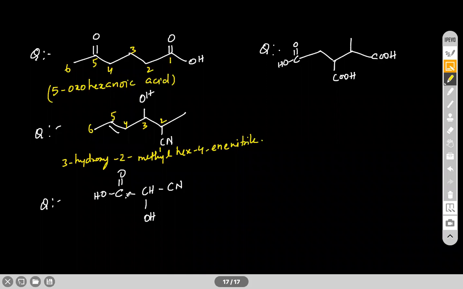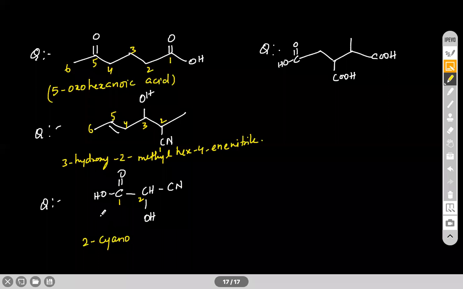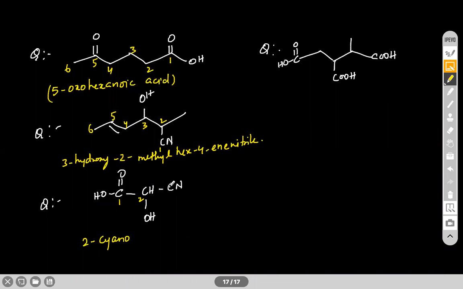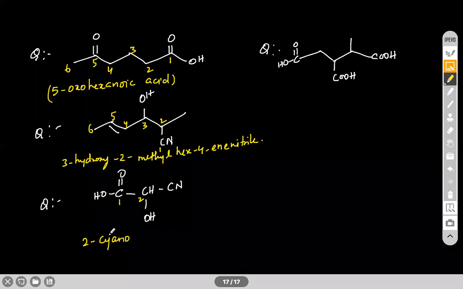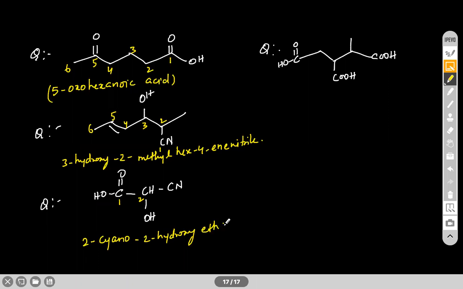Okay, this one, 1 and 2. So 2-cyano. Consider this, we are not taking it in the parent chain. Keep that in mind, okay? Because when we write cyano, it means we have included one carbon atom here, right? So 2-cyano, 2-hydroxy, ethanoic acid.